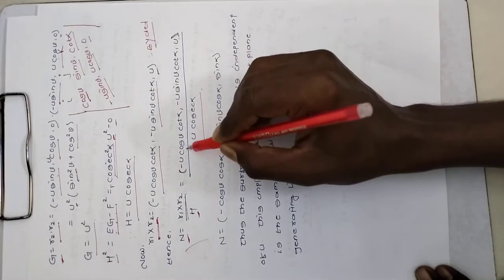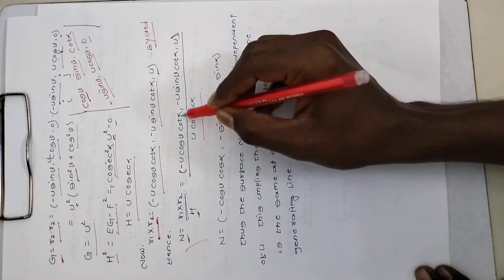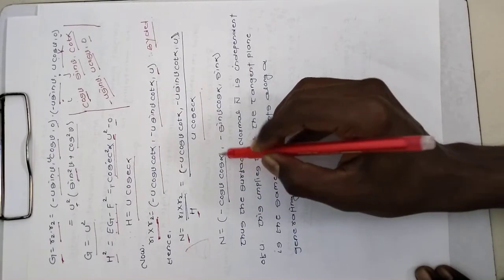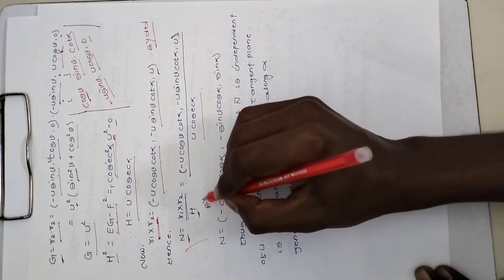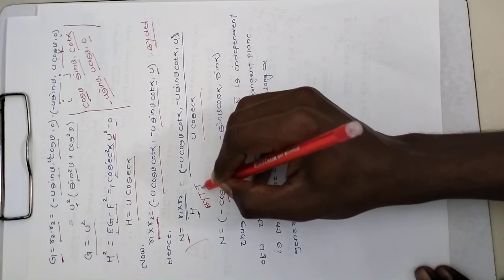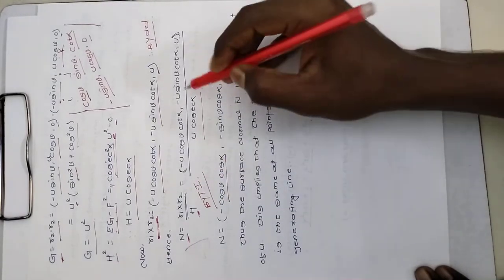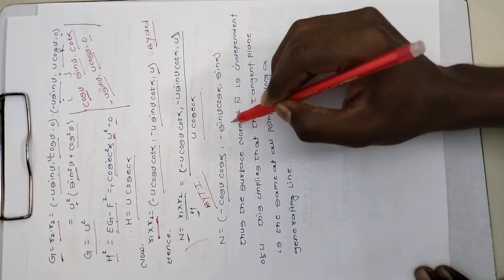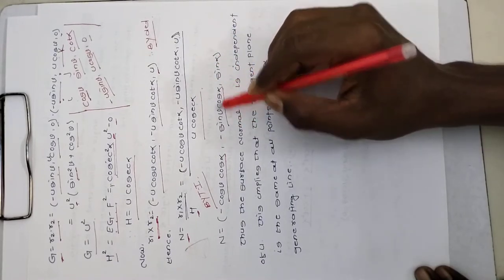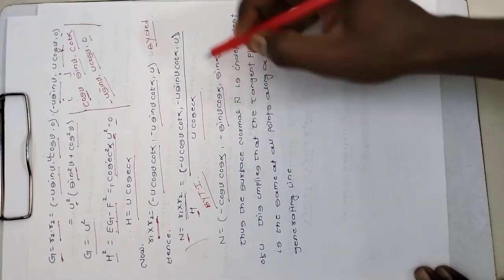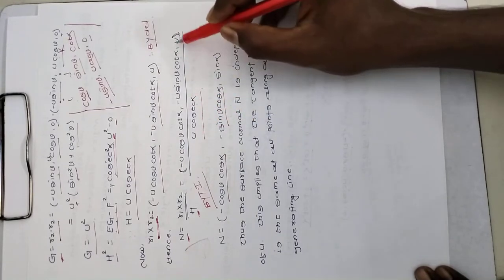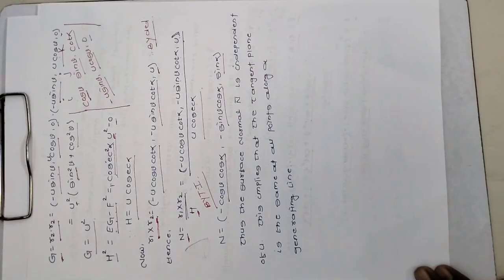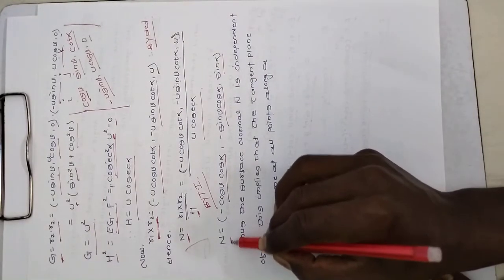U gets cancelled, cos alpha cot alpha upon cosec alpha means minus cos v cos alpha by trigonometric identities, and u gets cancelled, sin v cot alpha upon cosec alpha is minus sin v cos alpha again by trigonometric identity, and u gets cancelled, 1 upon cosec alpha means sin alpha again by trigonometric identity. That is the capital N.